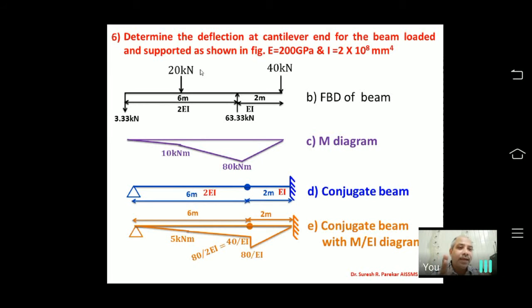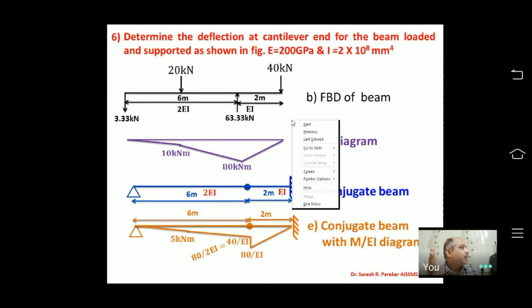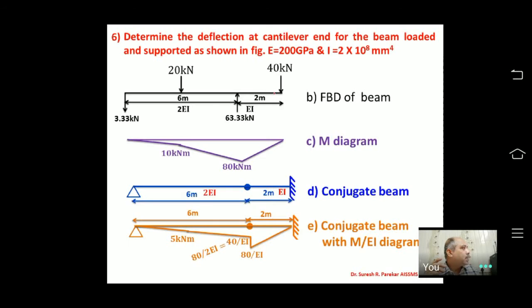But if I consider that 80 on the right side, for this right side portion we are going to get EI only. So this becomes 80 for this portion and 40 for this portion.